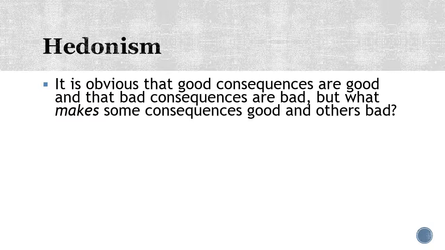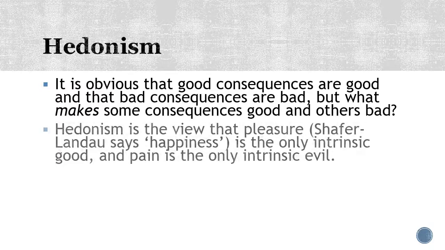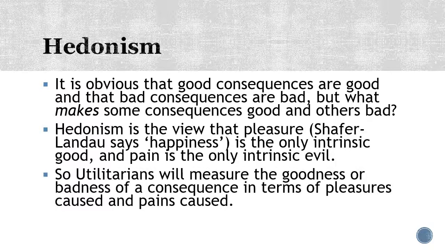And that's, if you'll remember from the previous lecture, exactly what hedonism is. Remember, hedonism is the view that pleasure is the only intrinsic good and pain is the only intrinsic evil. And so when we combine this with consequentialism, we get that the good consequences are the ones that cause pleasure, and the bad consequences are the ones that cause pain. So that's what we mean by good and bad. We mean pleasure and pain. That's how consequentialism and hedonism combine to be part of a utilitarian moral theory.